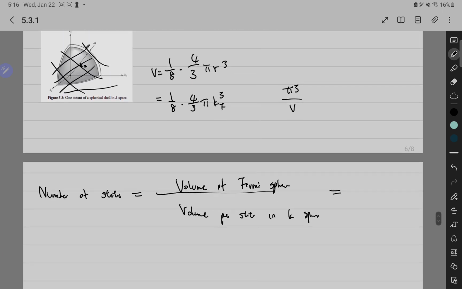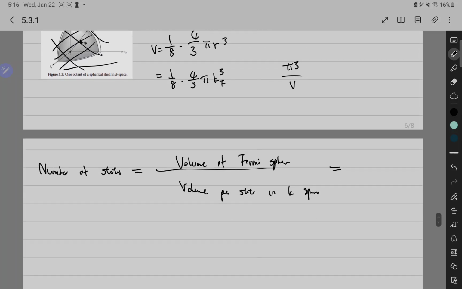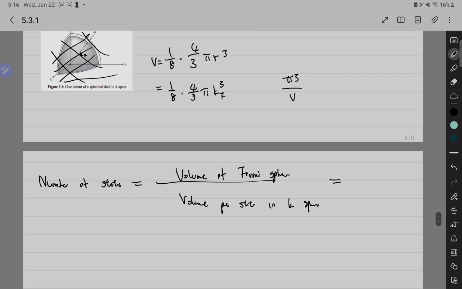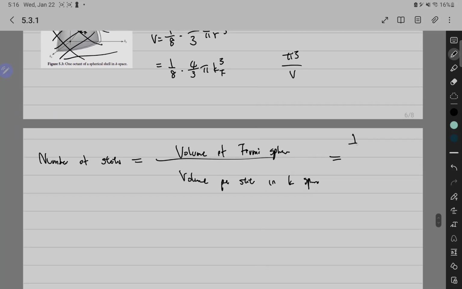So the total number of states is 1/8 times 4/3 π kF³ over π³/V, which is the calculation we have here. And this gives us the number of states within our Fermi sphere.